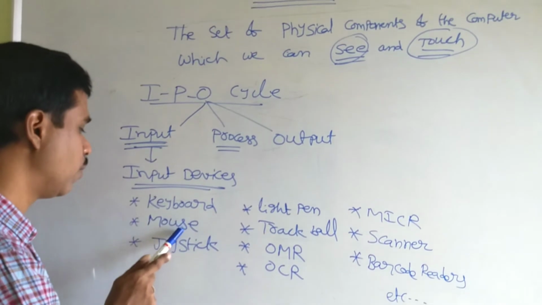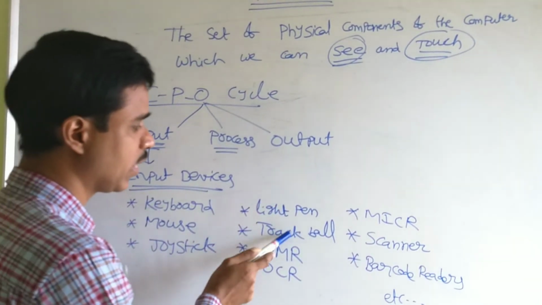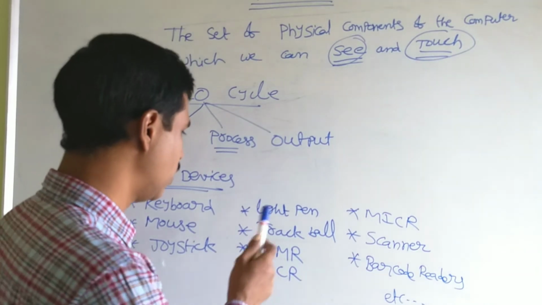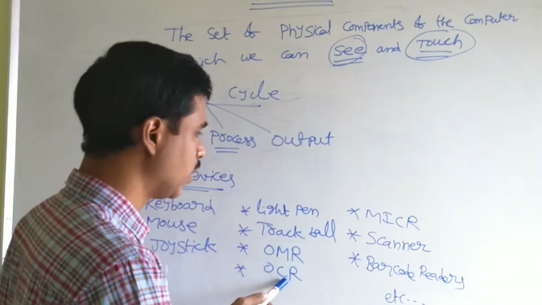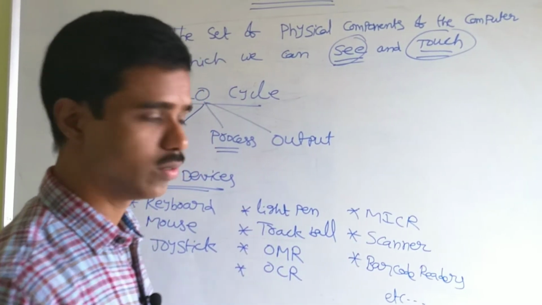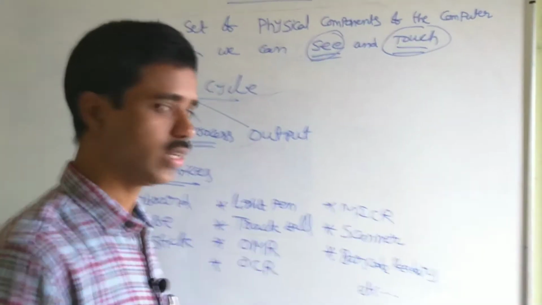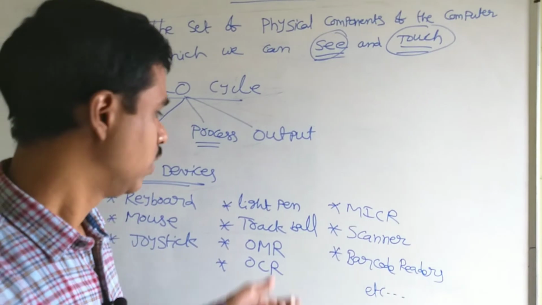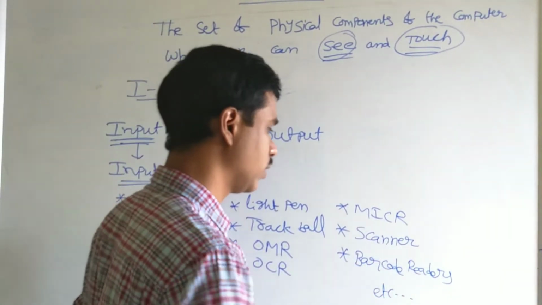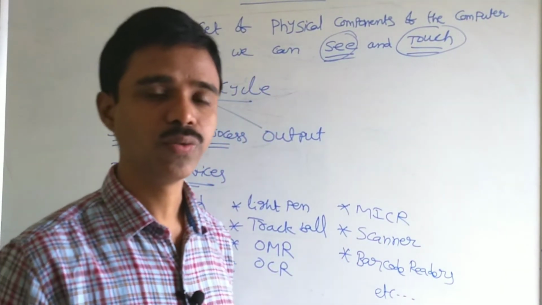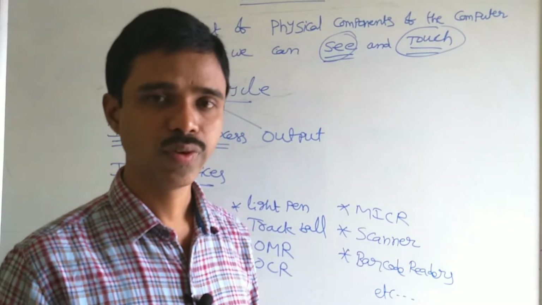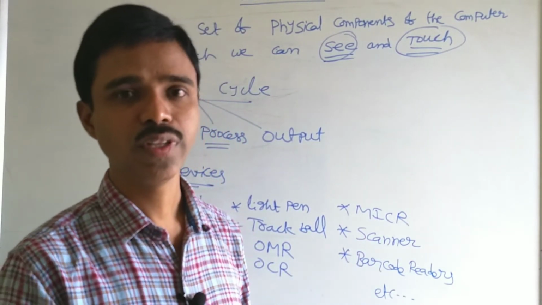Keyboard, mouse, joystick, light pen, trackball are generally used in various games and to draw pictures. MICR and OCR are used in banks to validate cheques. Scanner is used to change hard copy to soft copy. If you scan a photo, it will be stored in the computer.